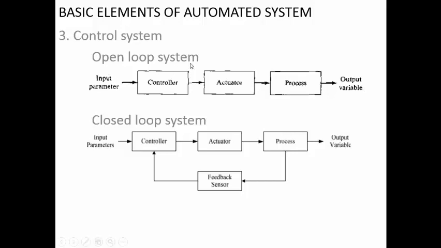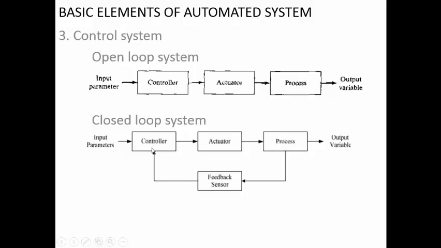Now in the closed loop control system, you have the input parameters given by the program of instructions. You have the controller, then the actuator, then the process. In the process, you will be making certain measurements, and using the feedback sensor you are measuring the output variable and giving it back to the controller.